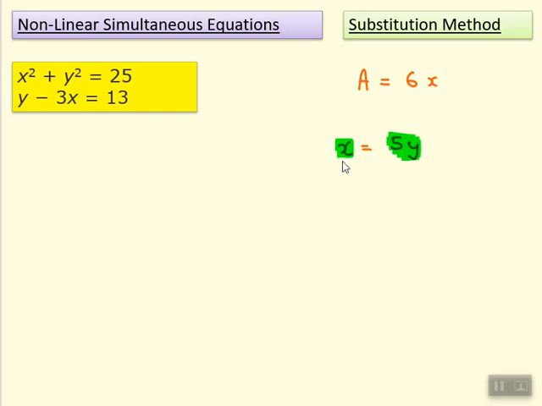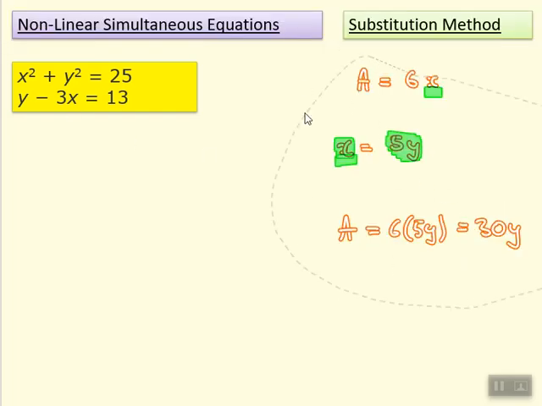So you can replace anywhere you see an x with 5y. So here's an x there, but I'm going to replace it with 5y. But the rule of substitution, especially with algebra, is you should write it in a bracket. So this would be a equals 6 bracket 5y, which would simplify to 30y.